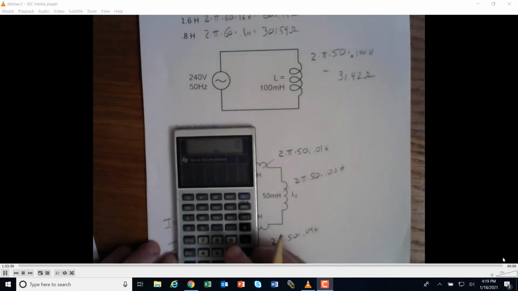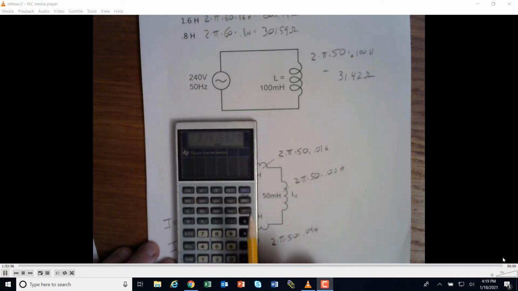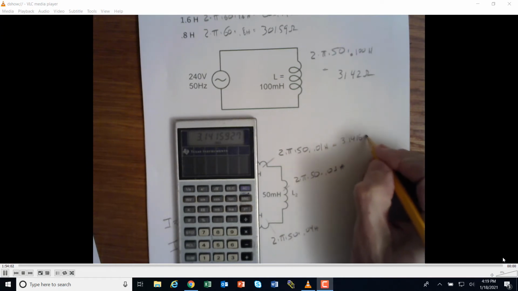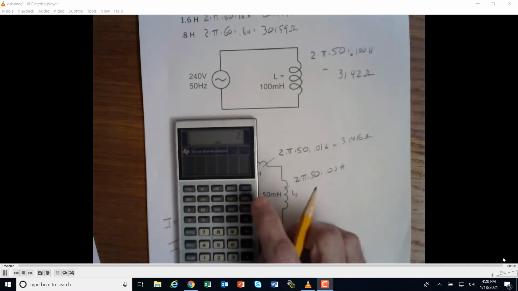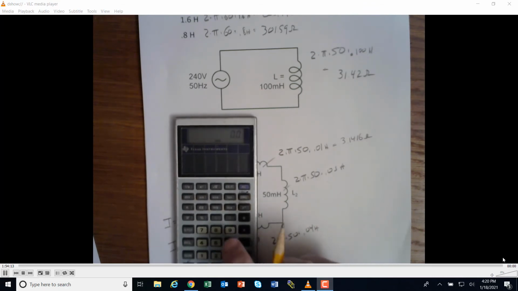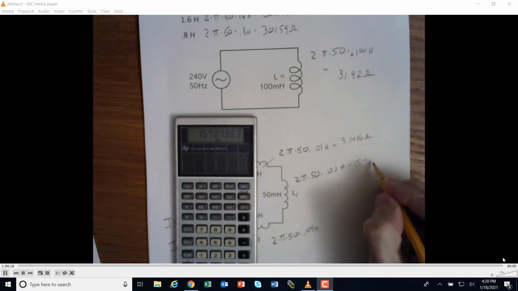If I go ahead and knock those in my calculator, 2 times pi times 50 times 0.01, I'm going to get 3.1416 ohms, okay? And then this one right here, 2 times pi times 50 times 0.05 equals 15.7080.